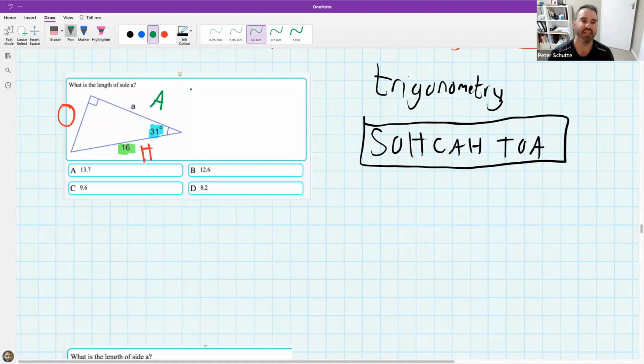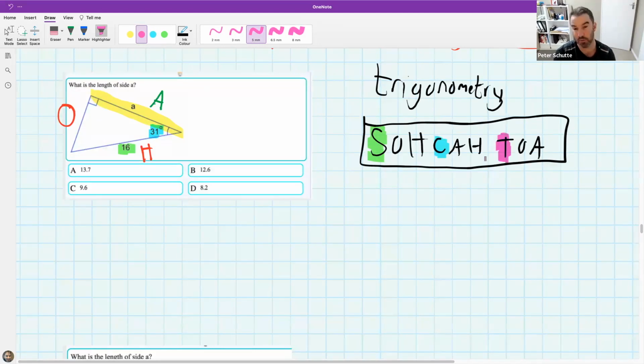we need to figure out what this length is over here. Which trig ratio do you think we are going to use to figure out this A value? Because there's three of them. The one trig ratio is sine. The other trig ratio is cos. The other trig ratio is tan.